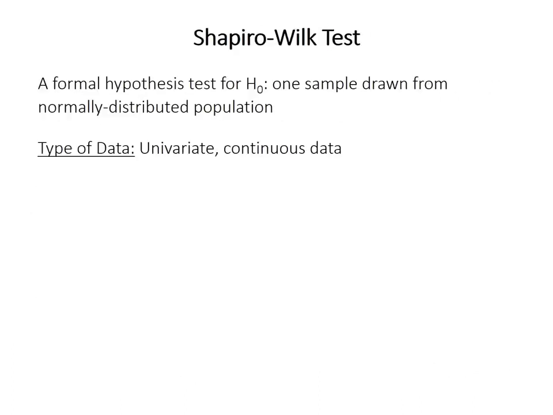But the Shapiro-Wilk test is a formal test of the null hypothesis that one sample is drawn from a normally distributed population. Because the normal distribution is a continuous probability distribution, you can only use this test on univariate continuous data.